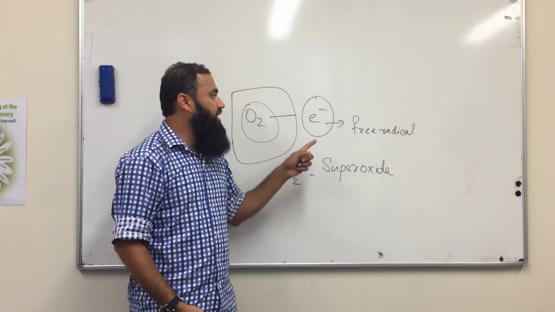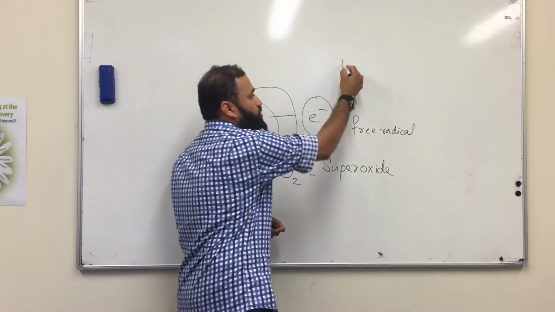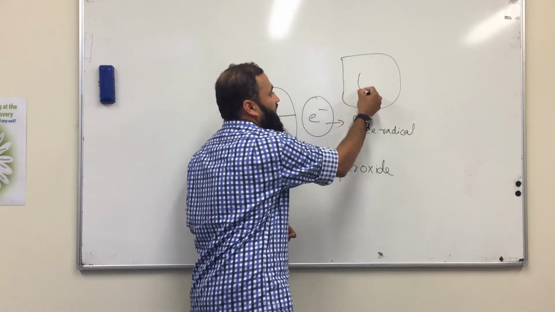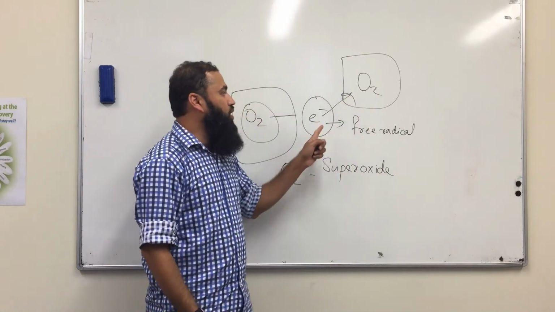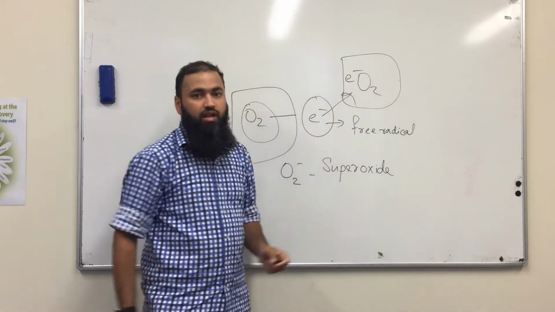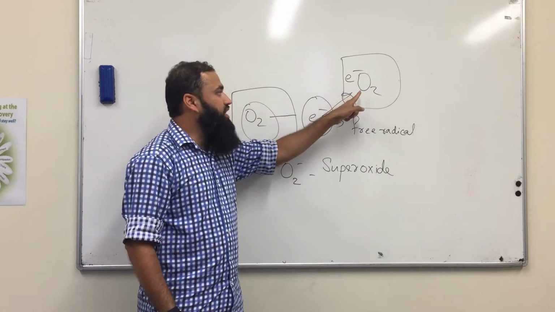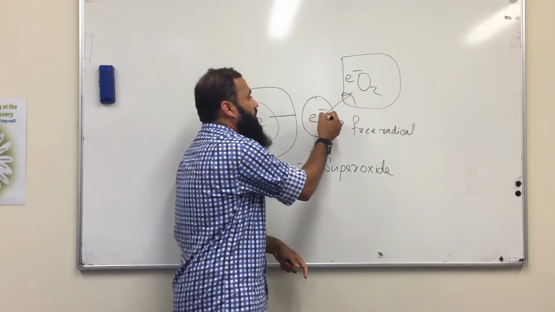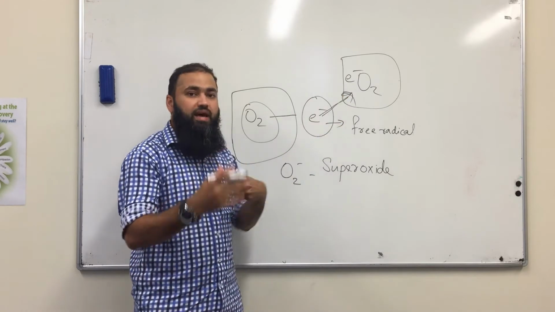What this free radical does is go to another cell and attack it, causing damage. Why? This electron needs to pair with another electron inside that cell. So this electron attacks that other cell. This is how cell damage occurs.